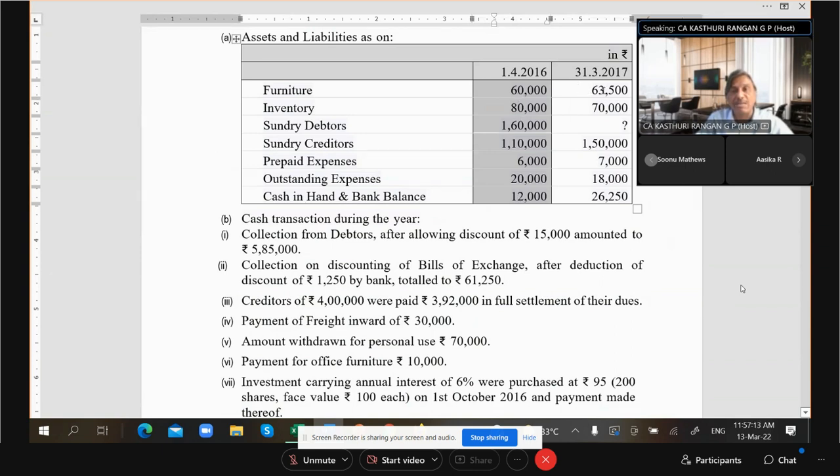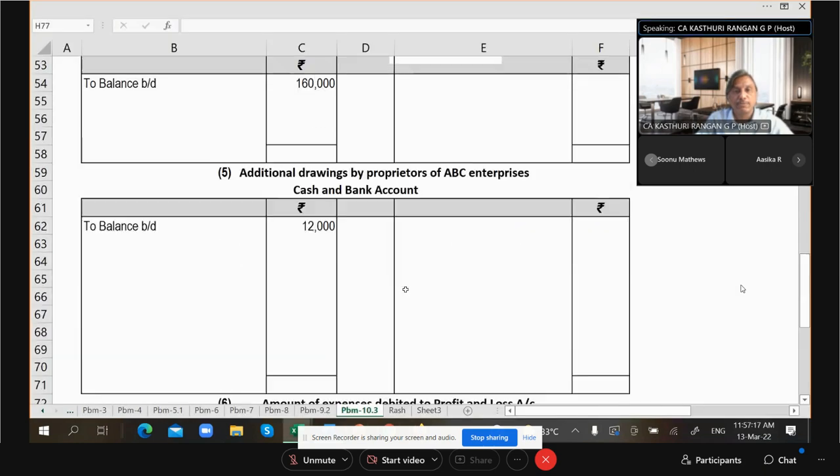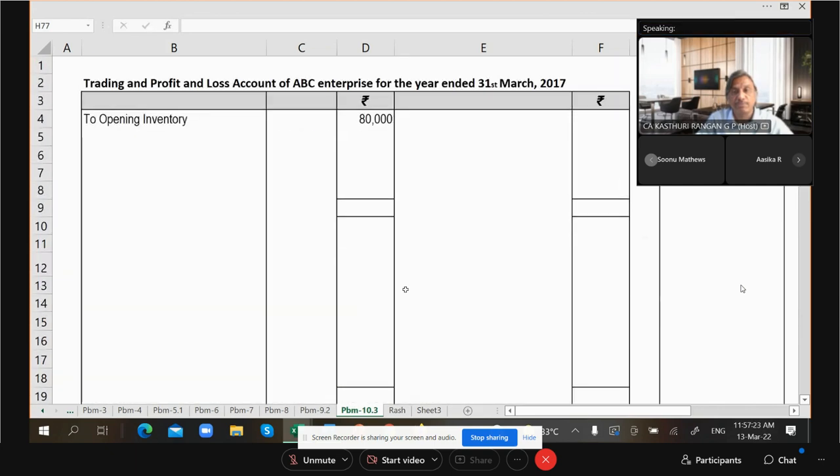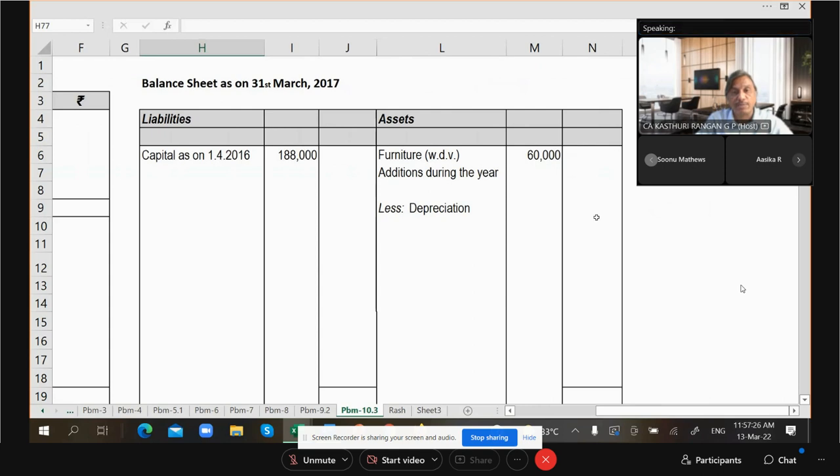Like that, you would record the closing balances. Furniture, what is the closing balance? It is given as 63,500. That will be put in the outer column, closing balance.